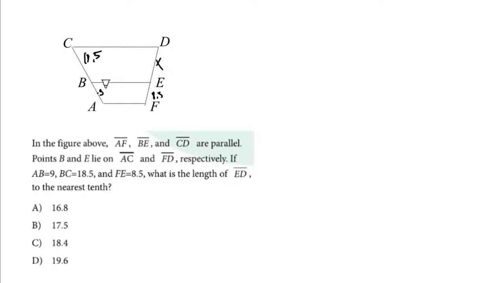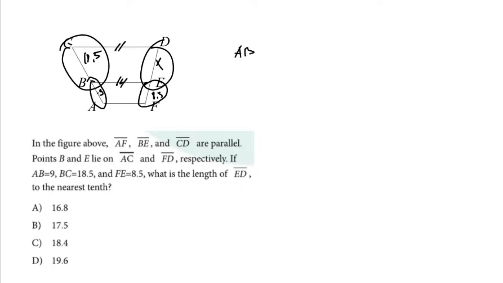So since these lines are parallel, actually there is a proportionate division, like this divided by this should be equal to this divided by this. Okay, so we'll write that AB, just because they're parallel, that's why.